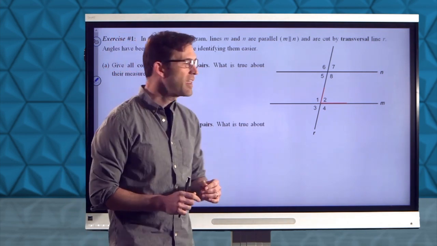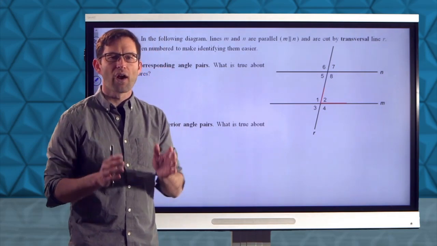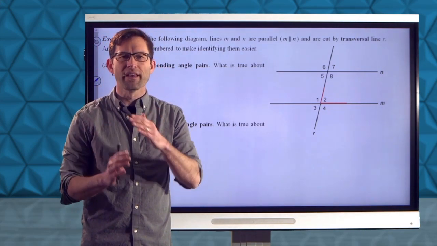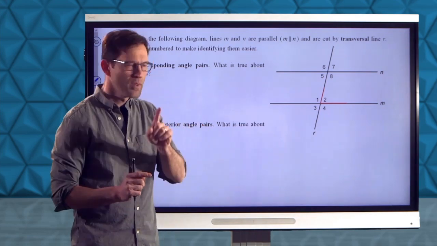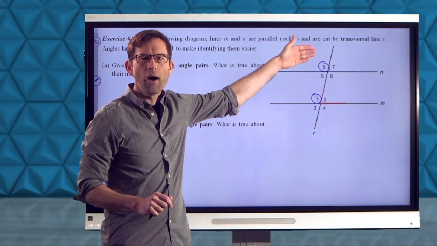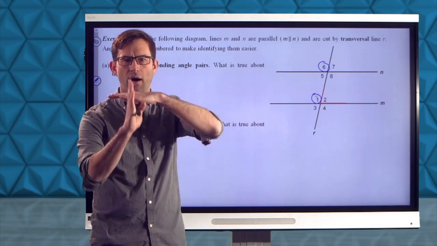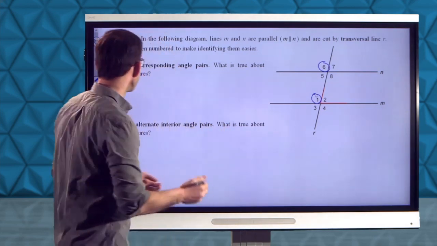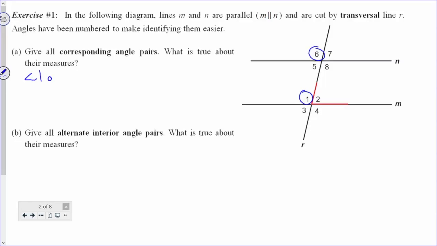Are you ready to go through them? Let's do it. Again, the idea of corresponding angle pairs are angles that are in the same place on the x, so to speak. In other words, angle 1 here corresponds with angle 6 here, because they're in the sort of upper left-hand portion of the T or the X. So angle 1 and angle 6 correspond, right?